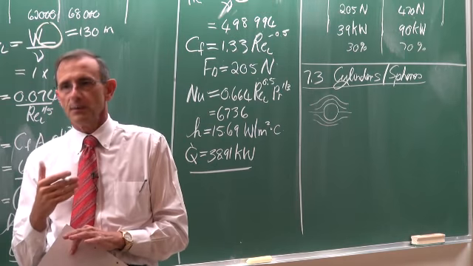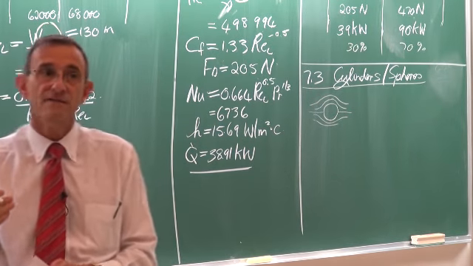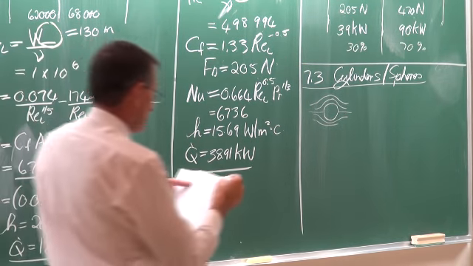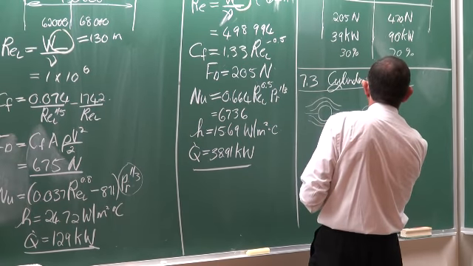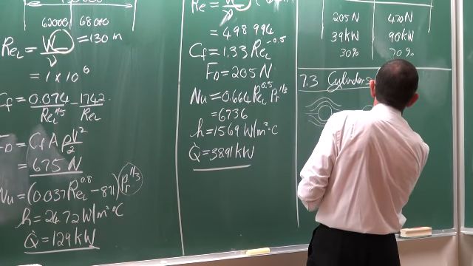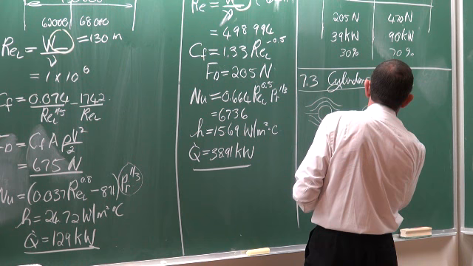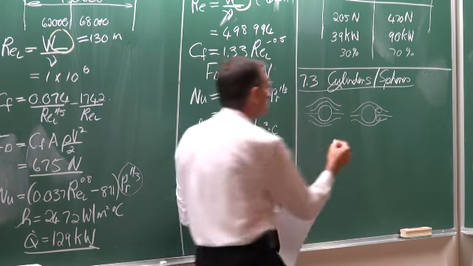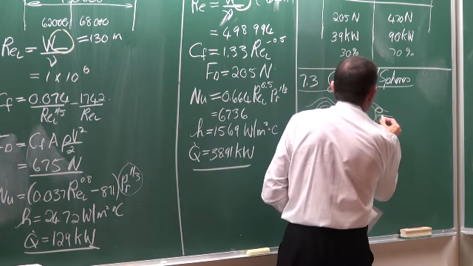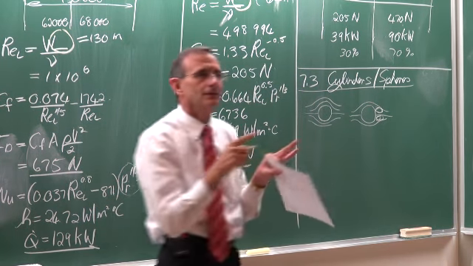And that is exactly what happens if the Reynolds number is very, very low. As the Reynolds number increases, we have separation that occurs at the back, and these vortices are exactly symmetrical.